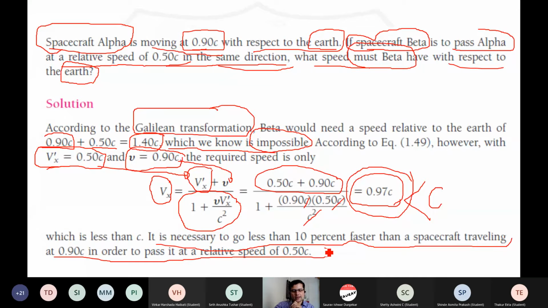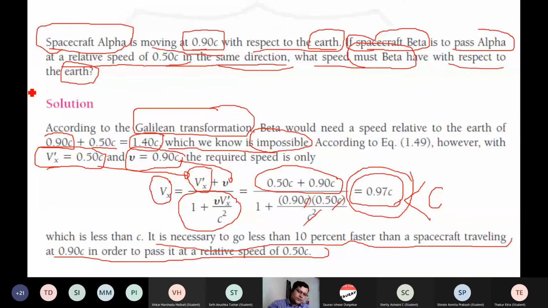Okay, here if you want the relative speed between the spacecraft alpha and beta to be 0.5 c, there must be another spacecraft that has to move 10% faster than what beta has, speed greater than the alpha, but those are the speeds you are measuring with respect to the earth.